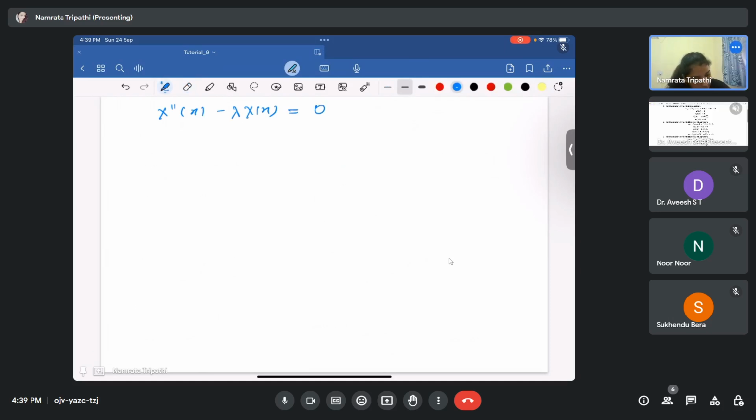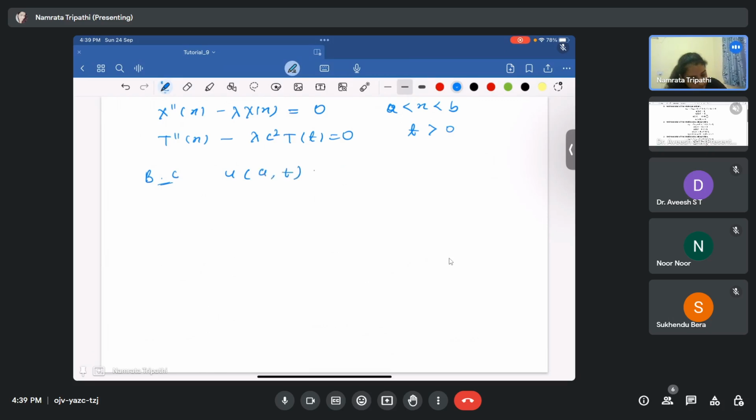From the first expression you can get X(x), where x is from a to b, and for the second expression you will get this, where t is greater than 0. Okay, now you can apply the boundary condition.